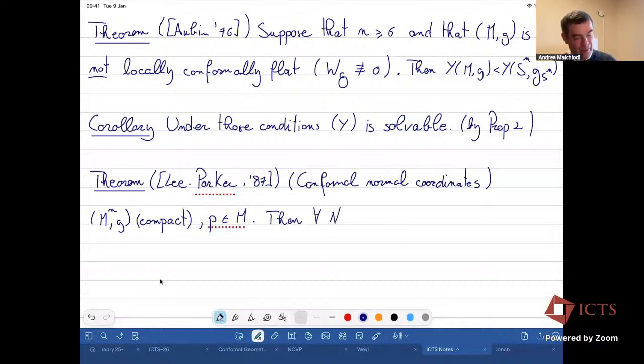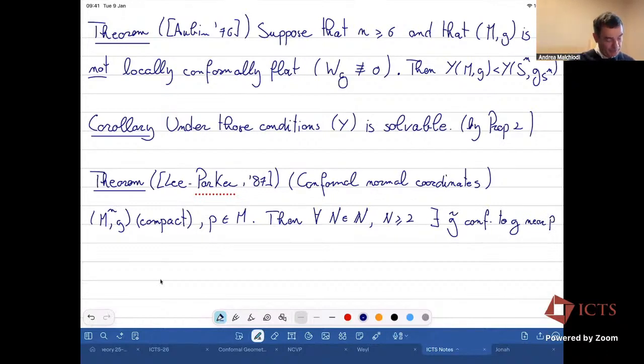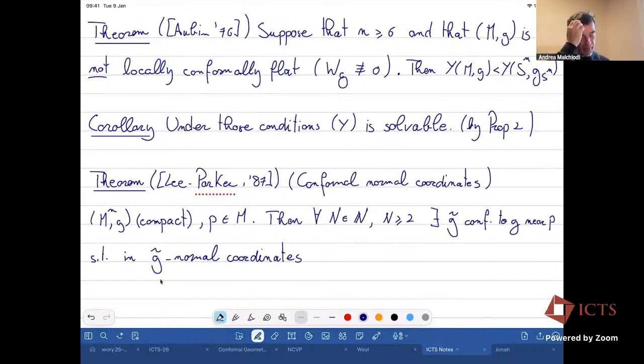For any capital N, which is not a dimension, it's any integer greater or equal than 2, you can find g tilde conformal to g near P, such that in g tilde normal coordinates, okay, so first you deform the metric conformally, and then you use the normal coordinates for the new conformal metric, in these coordinates, you can make the determinant of the metric coefficients g tilde ij very close to 1.